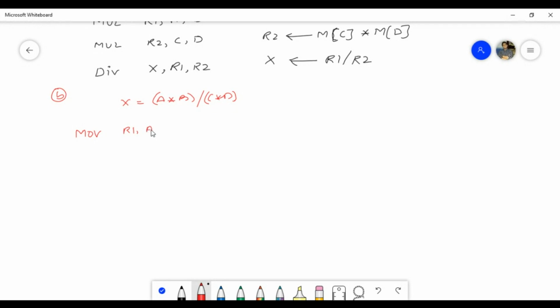R1 comma A. That means content of A is moved to R1.